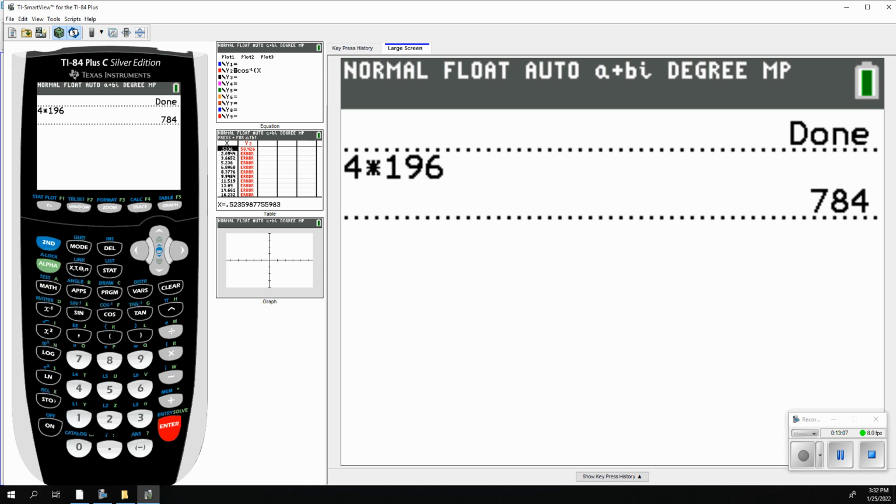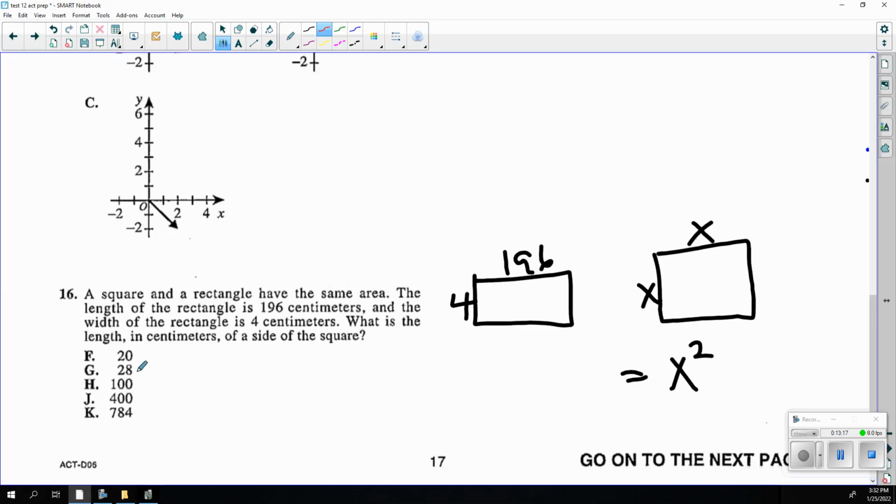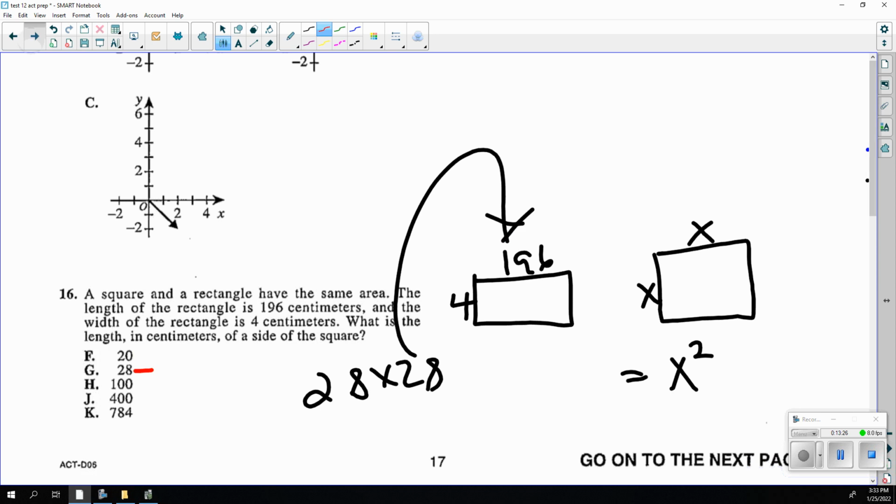So you simply take the square root of that number, because x squared, 28 times 28 would give it to you. You could also guess and check. Clearly 28 times 28 is going to give you the same area as that. They love that question.